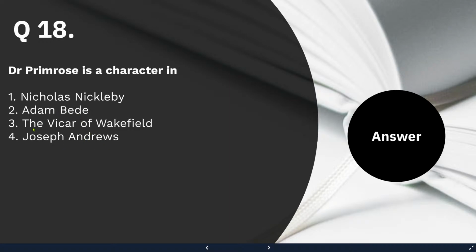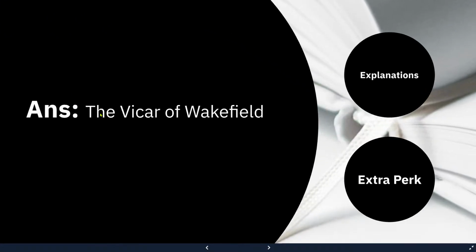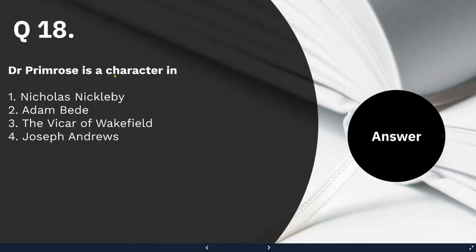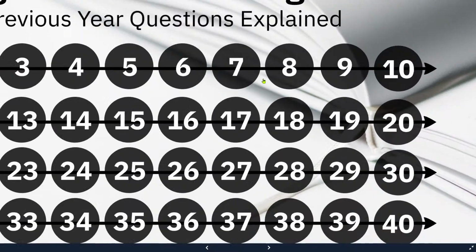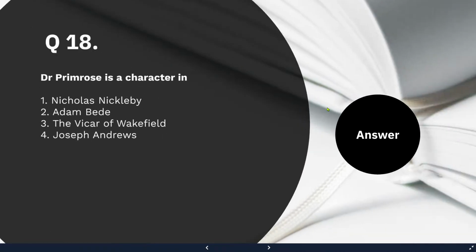So we have The Vicar of Wakefield. So maybe this is the answer. Primrose was a vicar in The Vicar of Wakefield. And we have the answer, The Vicar of Wakefield.